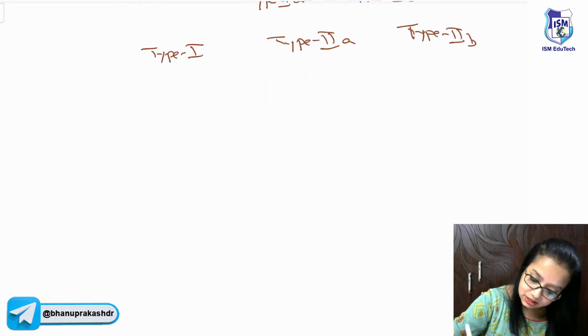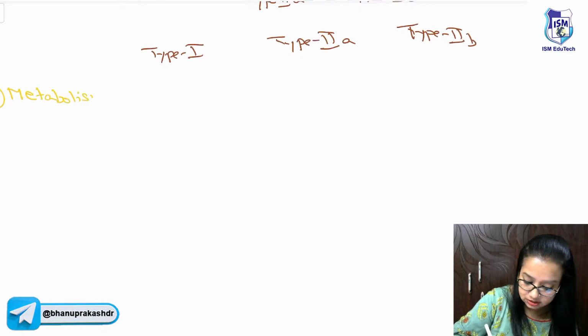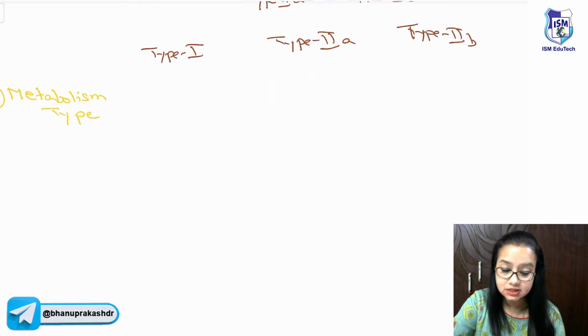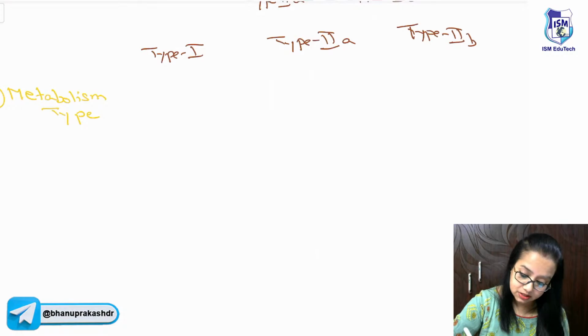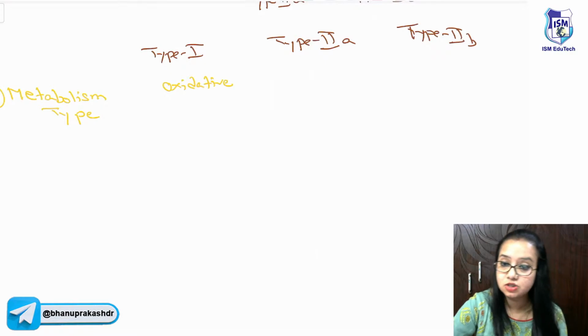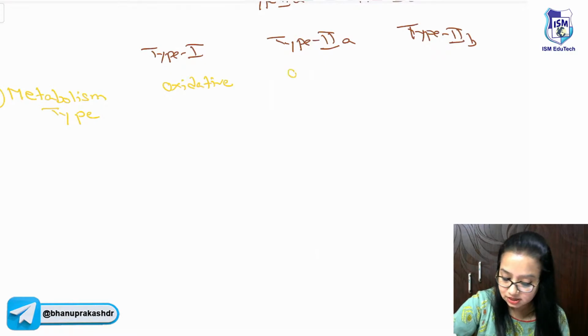So going by the metabolism type, type 1 skeletal muscle fibers are oxidative in nature. Type 2A is oxidative glycolytic, whereas type 2B is glycolytic.